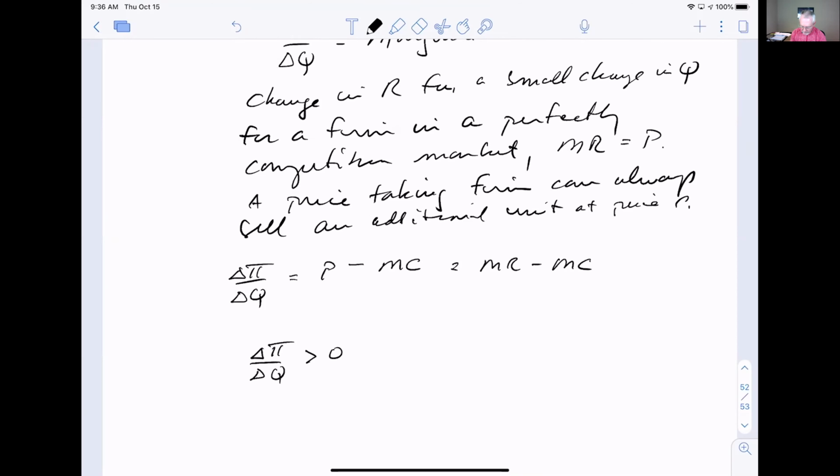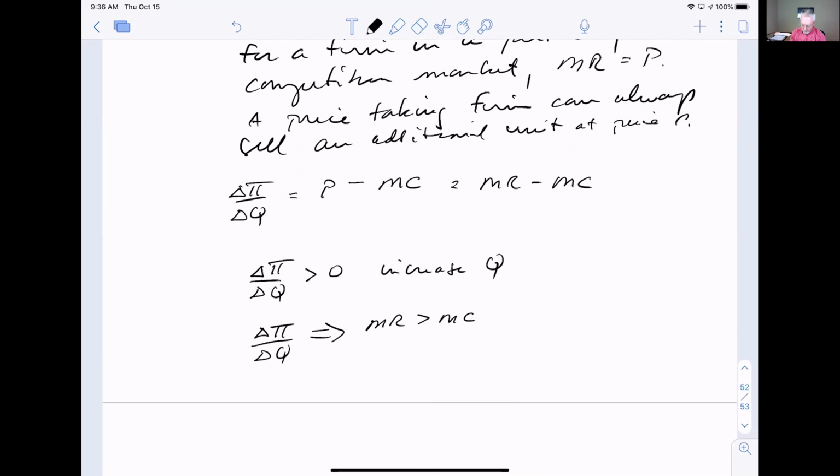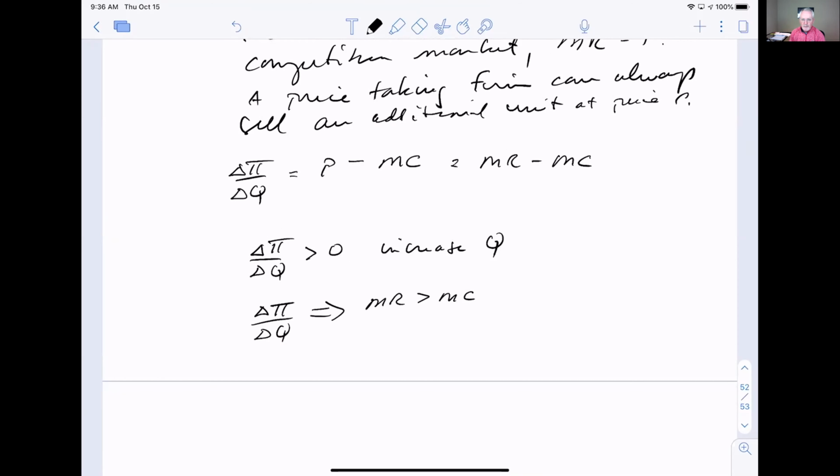So whenever this is positive, I'm going to want to increase Q. And what that means is, if my marginal profit is positive, marginal revenue must be greater than my marginal cost. The additional revenue that I capture by producing an additional unit exceeds my cost of production of that additional unit. So my profit goes up.